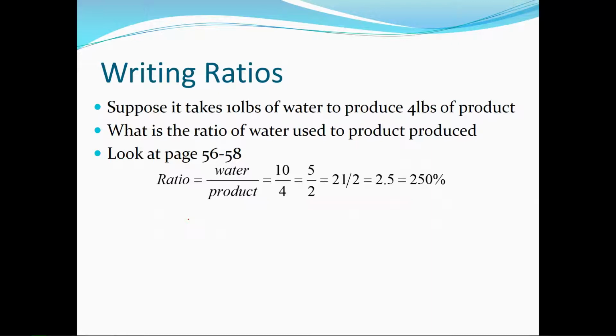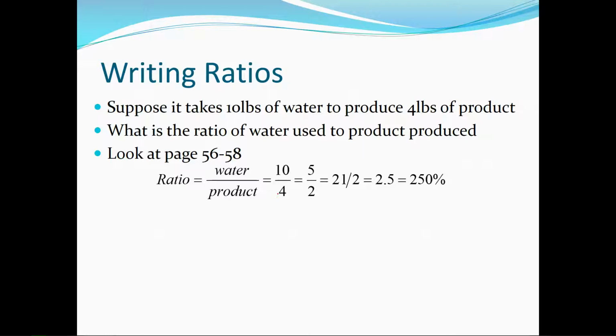So let's talk about this particular problem, which is a very interesting one. Suppose it takes 10 pounds of water to produce 4 pounds of product. What is the ratio of water used to product produced? So if we're doing a ratio of water to product, it takes 10 pounds of water for 4 pounds of product.